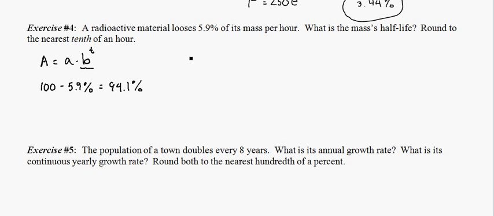So we can model the amount that we have as some initial amount, which we don't know, times 0.941 raised to the t.